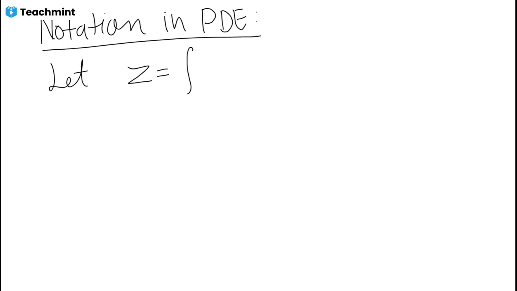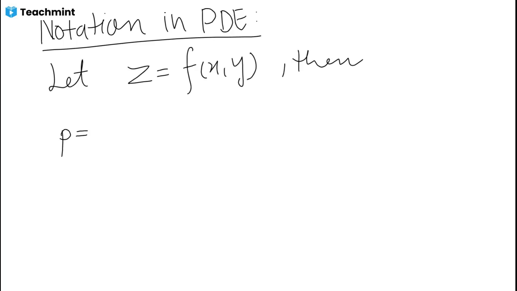Let z be a function of two independent variables. Then let us learn the notation.